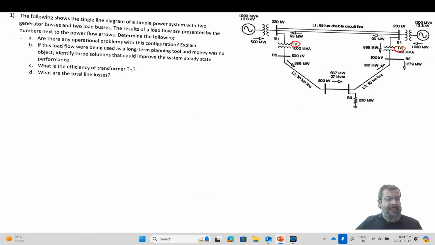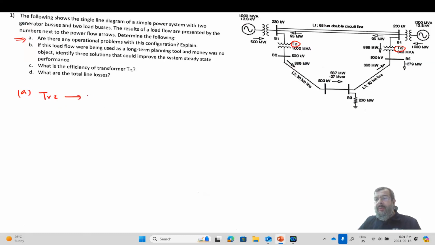The first question says, are there any operational problems with this configuration? Explain. Now, you could see things that I didn't find. I don't have the answer for this question, but I identified two problems with this configuration. The first one is about TR2.